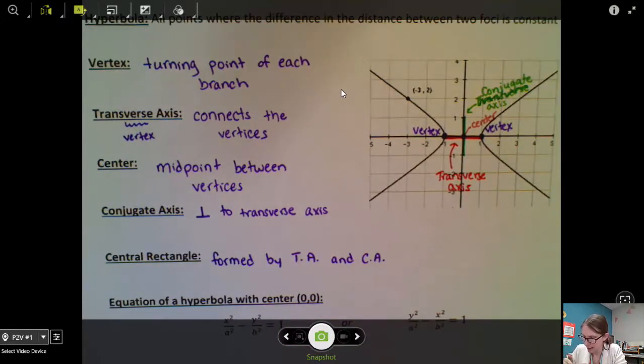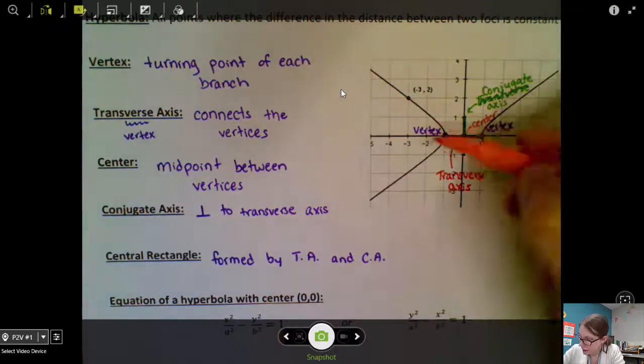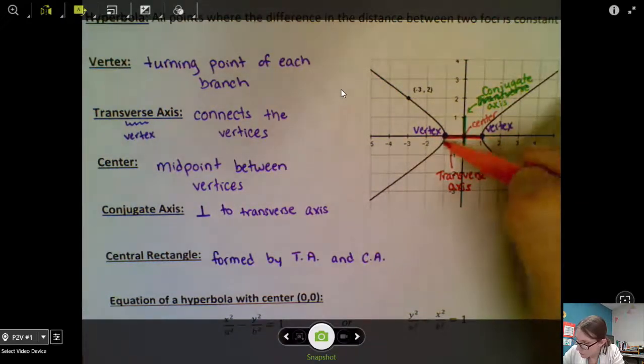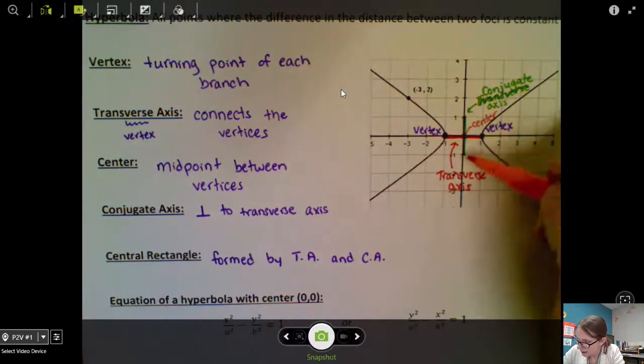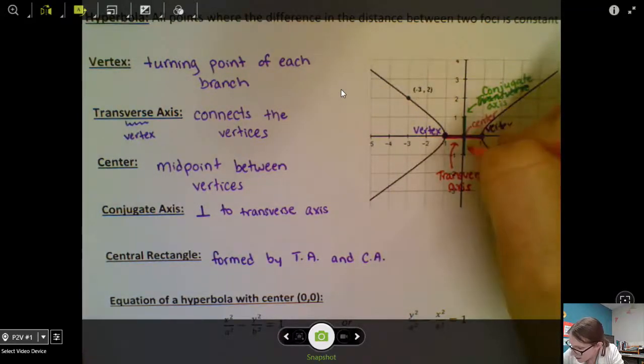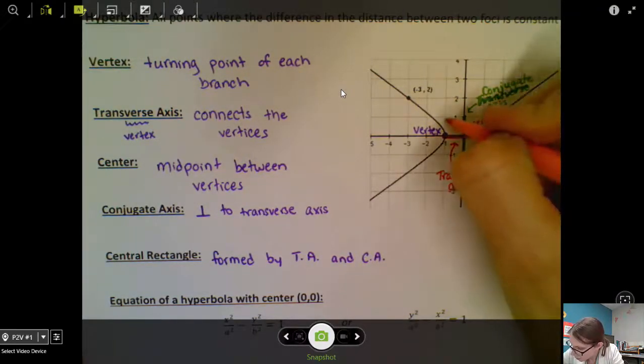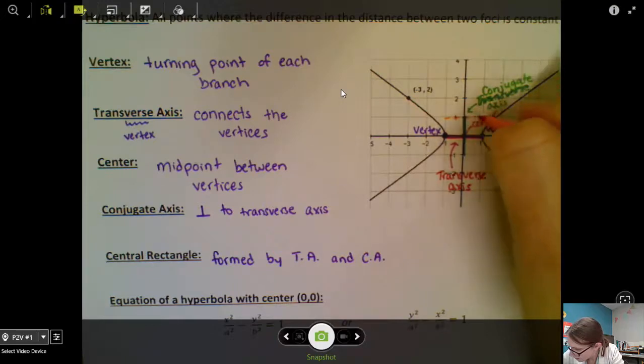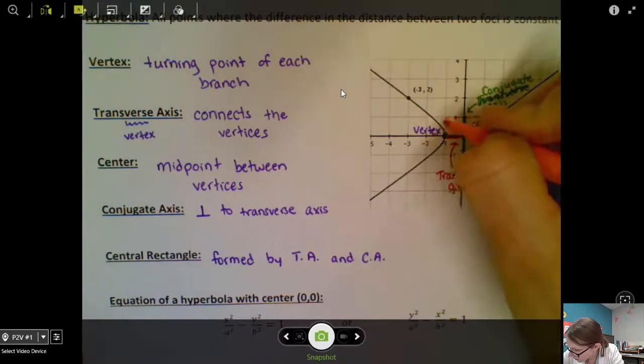We're going to draw in the central rectangle first, and then we'll talk for a second about why that central rectangle is important. All right, so our central rectangle is formed by our transverse and conjugate axis. If you imagine where this green line and the red line would go if we formed a rectangle, our rectangle looks like this.